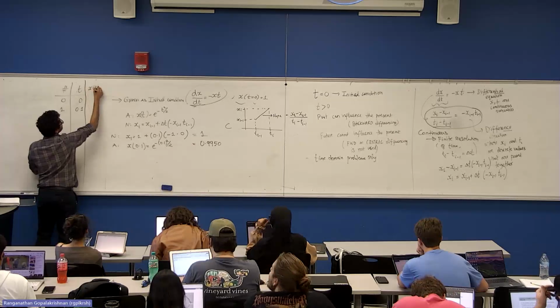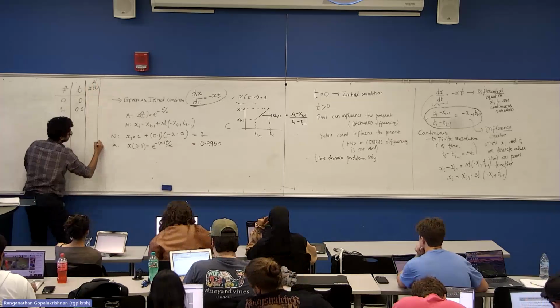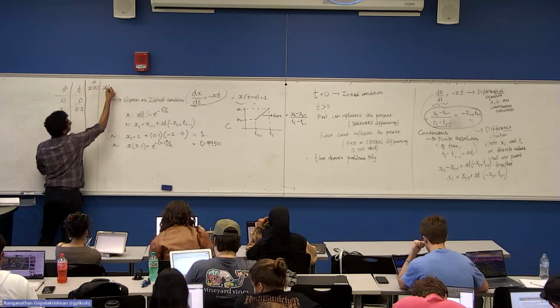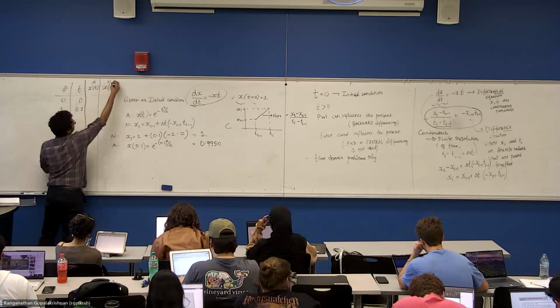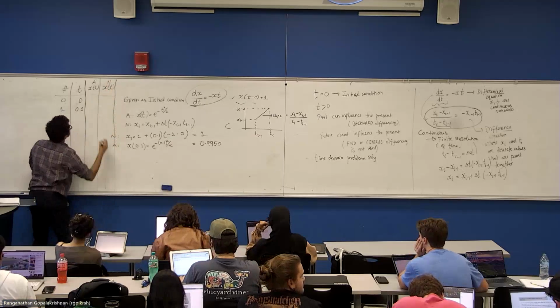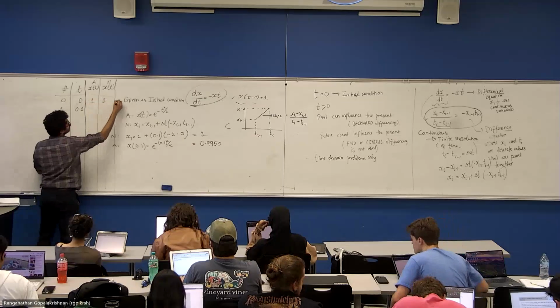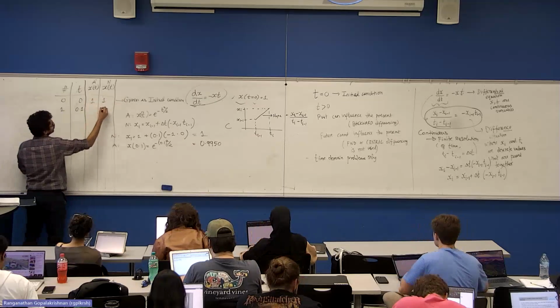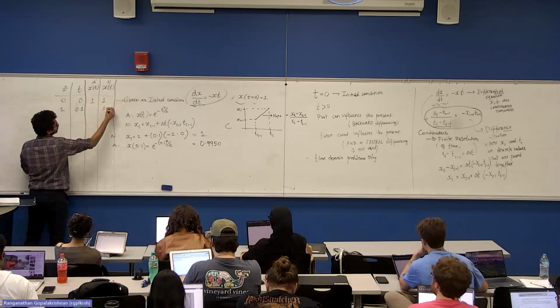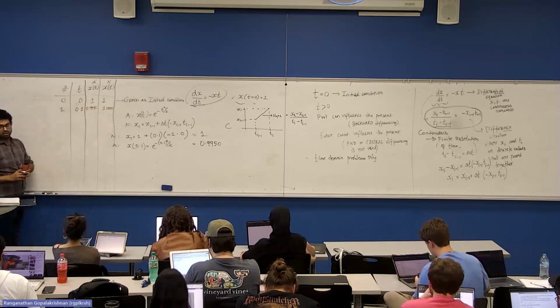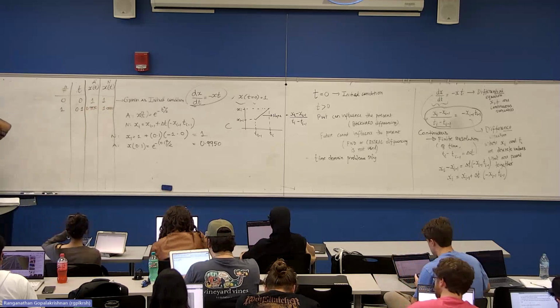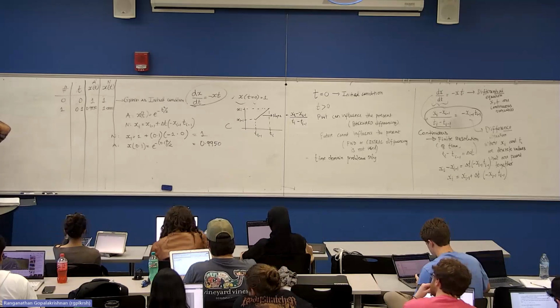X of t analytical, X of t numerical. This should be 1.000 and 0.9950. Yes? Do we solve the differential equation before doing this?